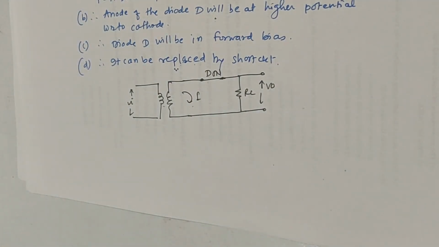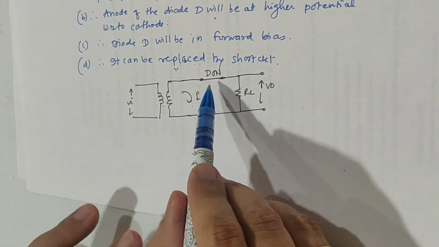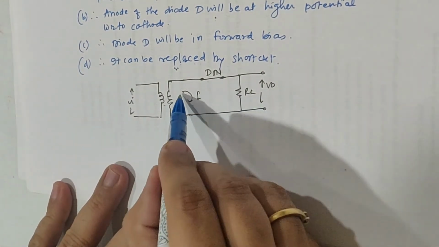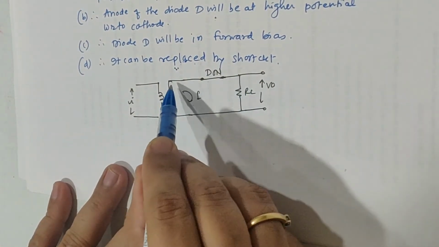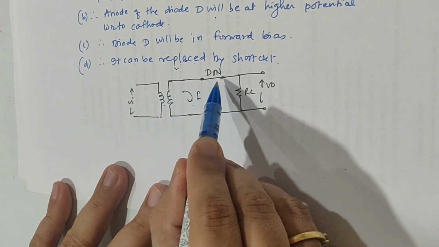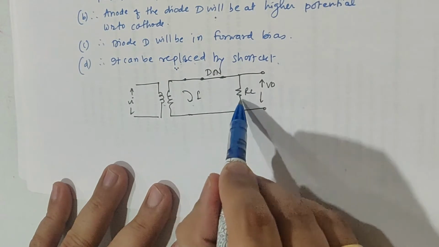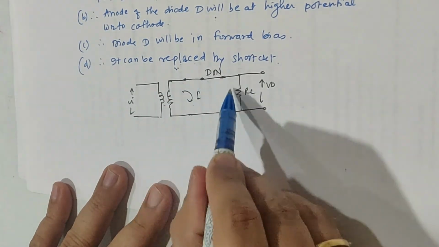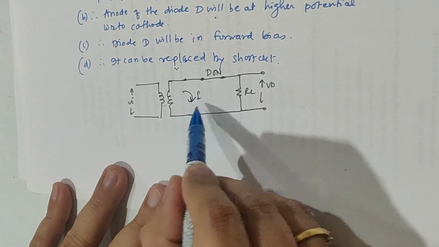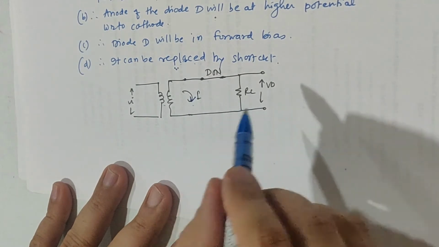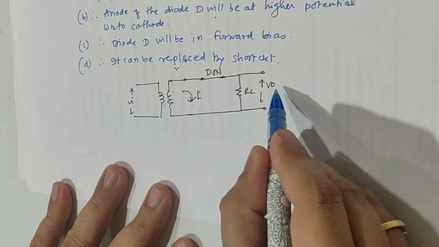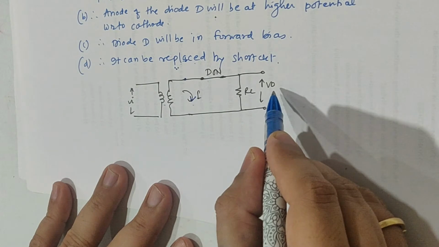What is the meaning of D on? Diode is on, that is in forward bias. Now see this, the entire current flows through RL now because there is no resistance in between. So whatever input you are providing, the same current is going to flow through RL. Nothing is stopping this current I to flow through the circuit, and that's why the entire input is appearing at the output voltage.